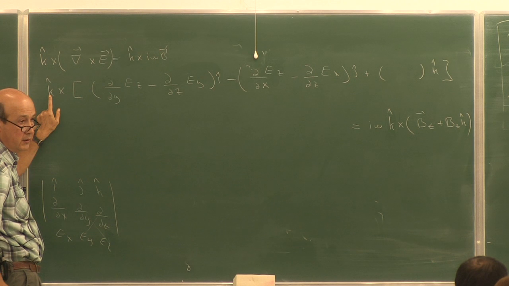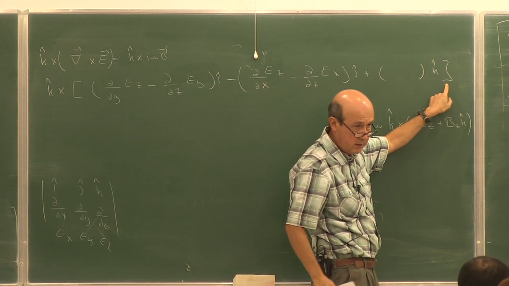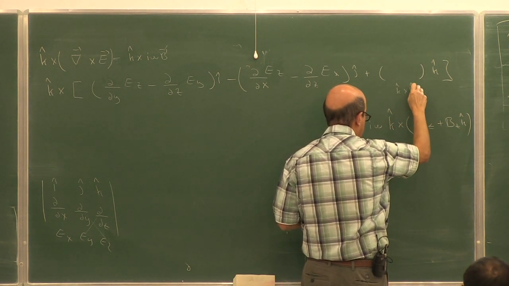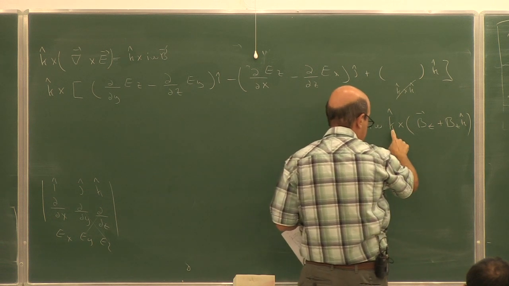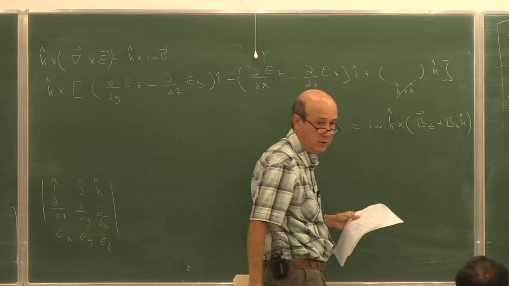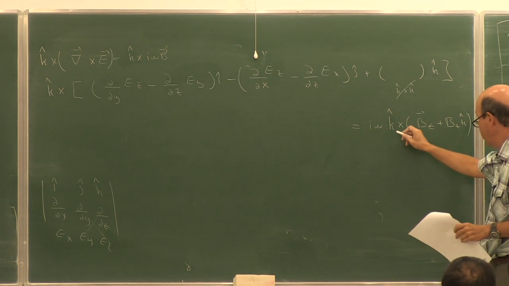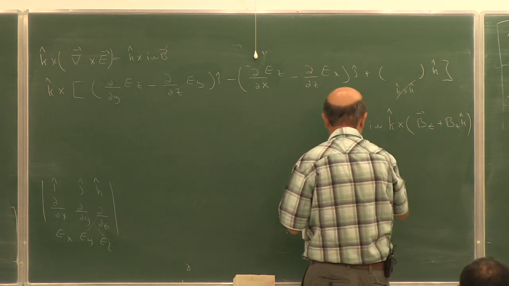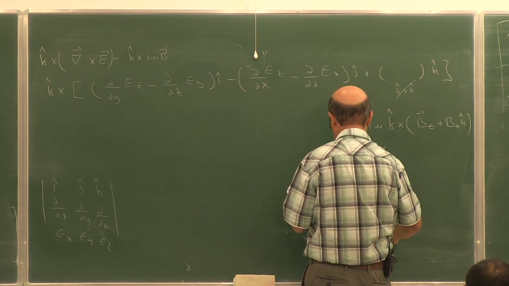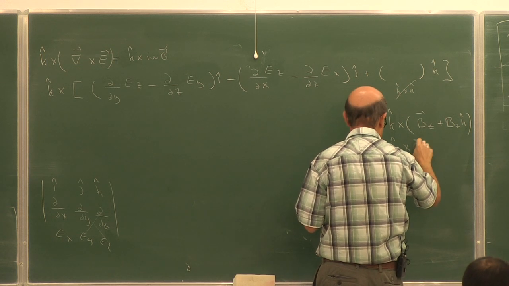If I take the cross product with k, that term will be 0, since k cross k is 0. Which term will be 0? The second term, and you will get i omega k cross B transverse on the right hand side.